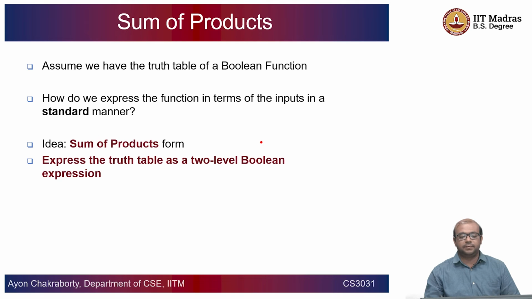For example, the first thing that we would start with is a sum of product expression. Before going into that particular terminology, assume that you have the truth table of a Boolean function. This is a standard way to represent that truth table in a different form. These are all various forms. For example, when you studied chemistry, you had so many forms, right?